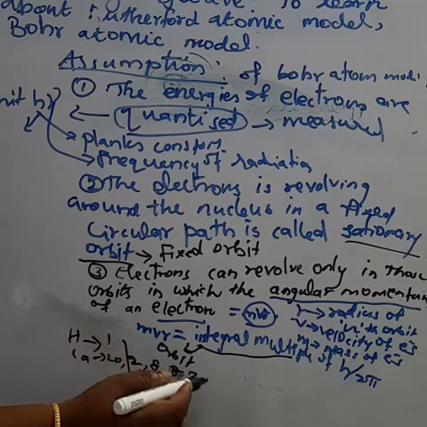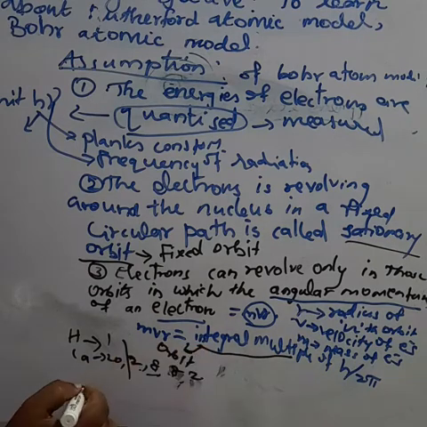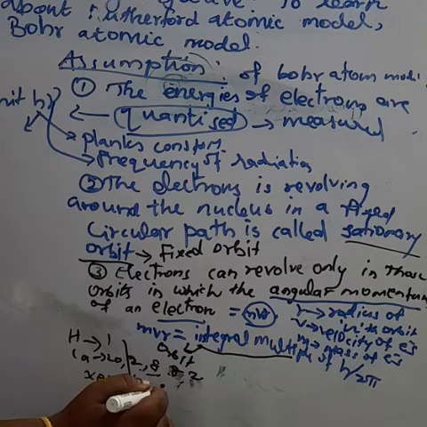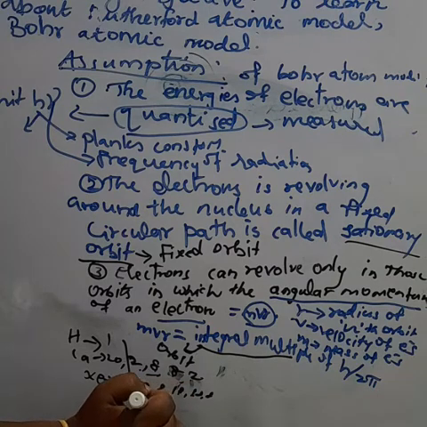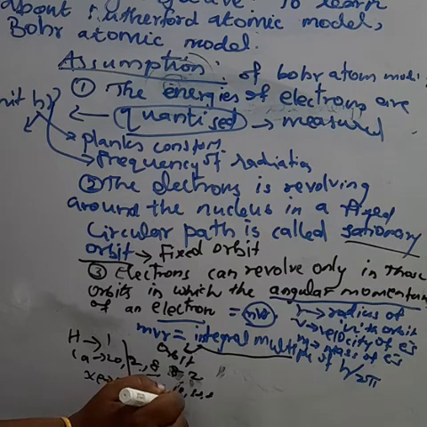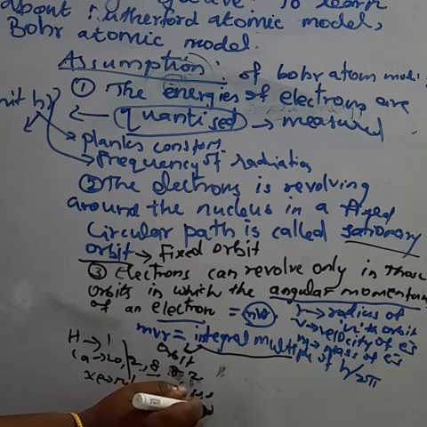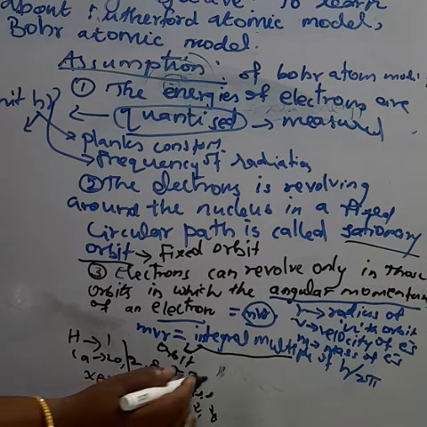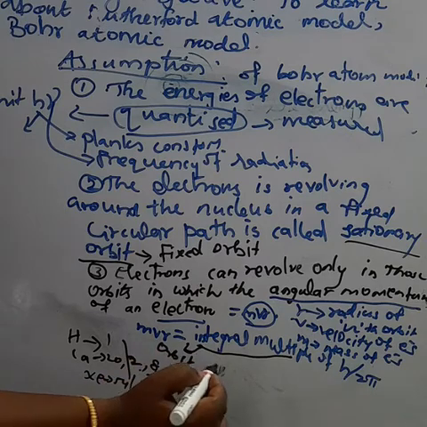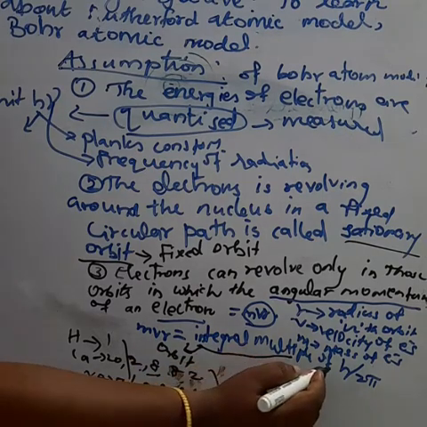In the case of xenon, atomic number 54, the electrons fill as 2, 8, 18, 18, 8. How many orbits are there? 1, 2, 3, 4, 5 orbits, which we indicate as K, L, M, N, O. So as atomic number increases, the number of orbits also increases. So MVR is equal to an integral multiple of h by 2 pi.